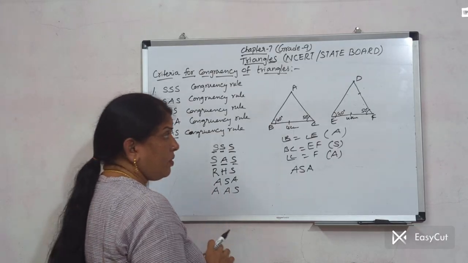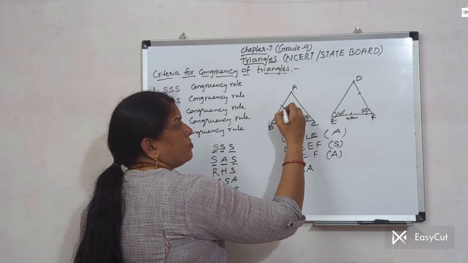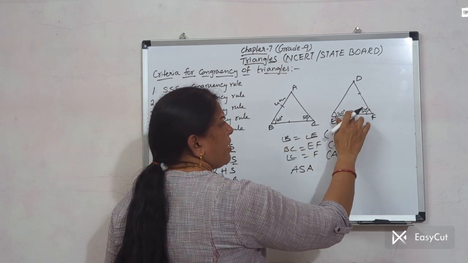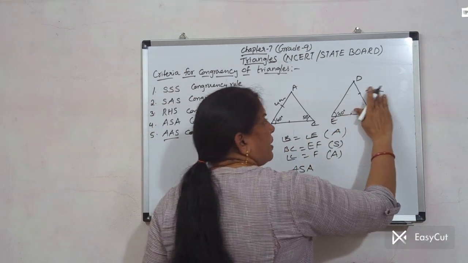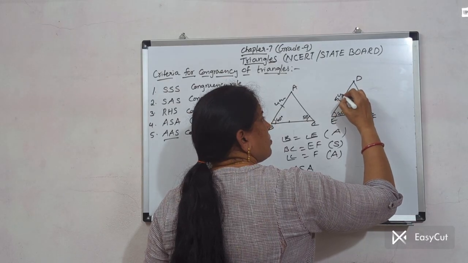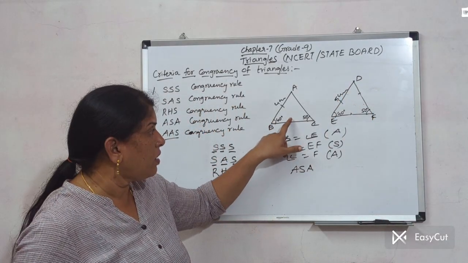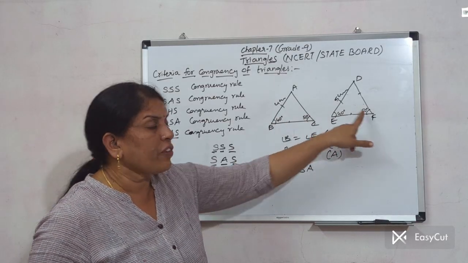AAS. See here, now I told you that 4 centimeters or any other 5 centimeters. Here I am drawing 5 centimeters. If you observe, two angles are equal: 40 degrees, 40 degrees, 50 degrees, 50 degrees.